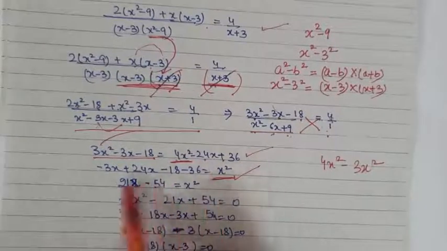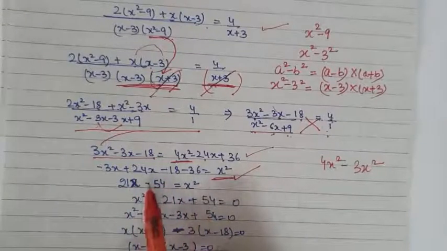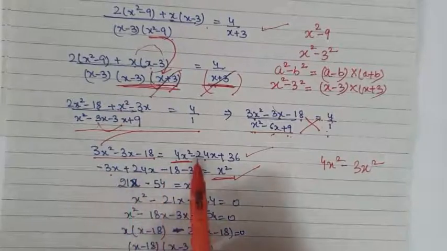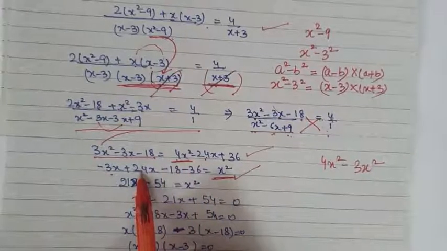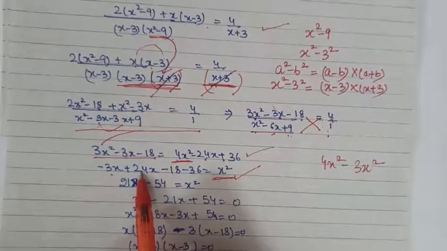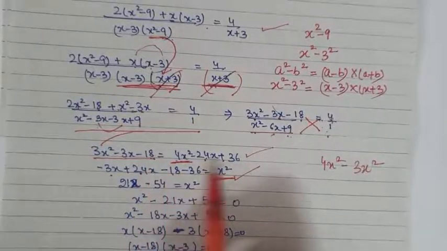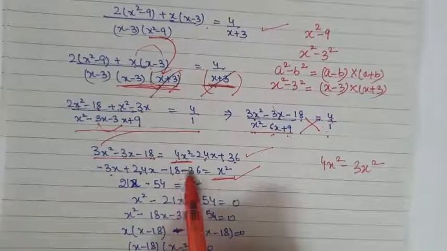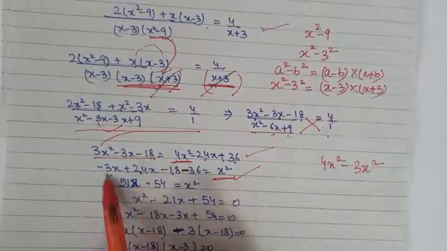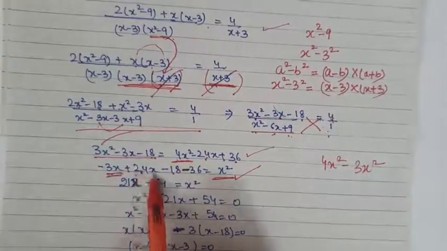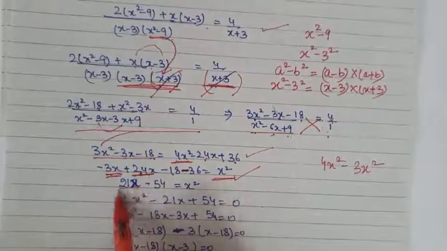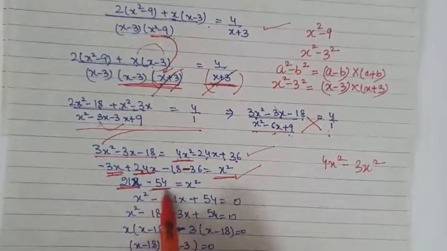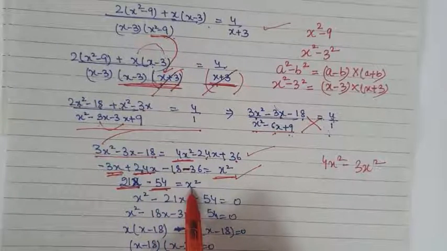And I'm just keeping all other terms on one side. Minus 3x plus 24x, it is getting shifted now. Minus 18 plus 36 will shift to that side, it will become negative. Now minus 3x plus 24x, 21x, and this gives you minus 54 is equals to x square.